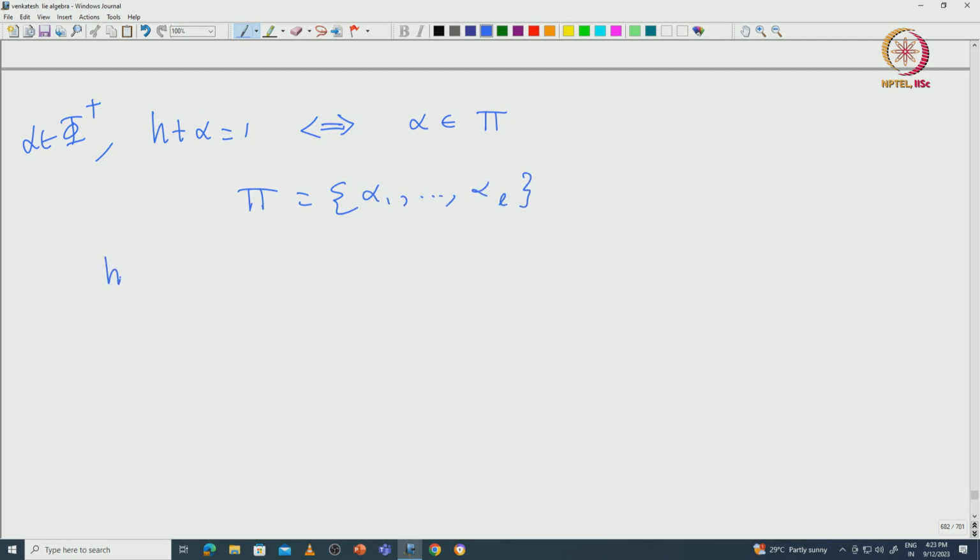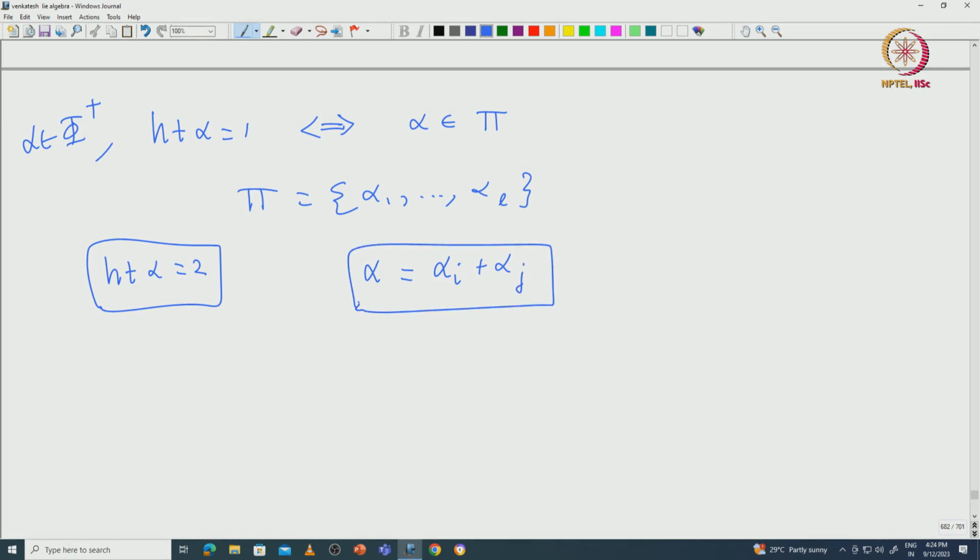Now, what about height 2 elements? To get height 2 elements we have to sum two different roots, because the only multiples of any root are plus or minus alpha. So, to get a height 2 root, we have to take alpha i and sum it with alpha j for some j. These are the only possible height 2 roots.